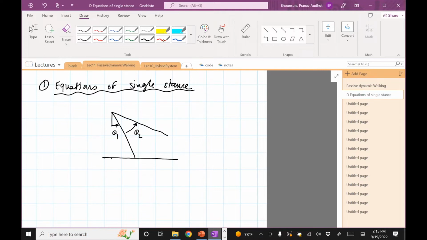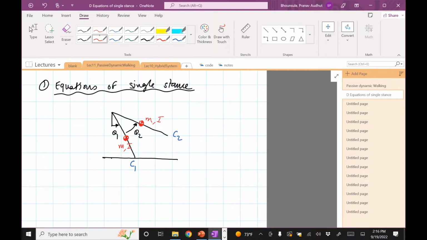I'll define a few more key points which would help me to write the equations. Let's call this point, which is on the ground or the foot, point foot, as C1, the other foot as C2. We'll make a generic mass distribution. So we'll just assume that the legs have some mass M, and then the legs have inertia I. And there's no reason you need to have the same masses.